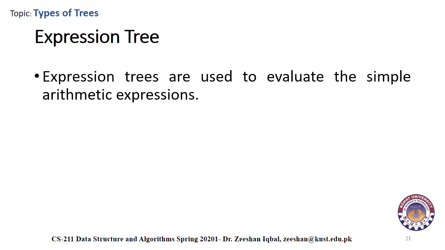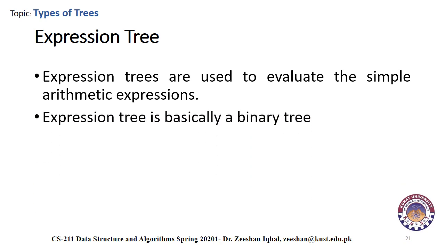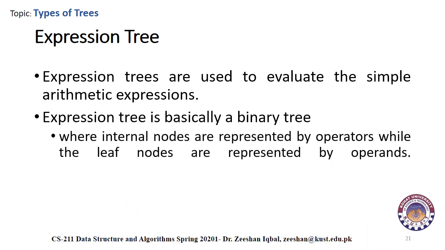A binary expression tree is a specific kind of binary tree used to represent expressions. Two common types of expressions that a binary tree can represent are algebraic and Boolean expressions. These trees can represent expressions that contain both unary and binary operators. In an expression binary tree, internal nodes are represented by operators while the leaf nodes are represented by operands. Each node of a binary tree, and hence of a binary expression tree, has 0 or 2 children.